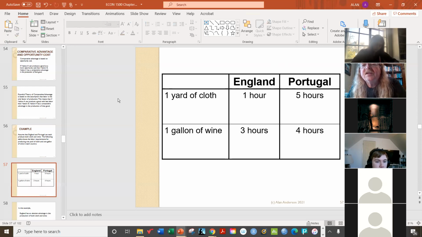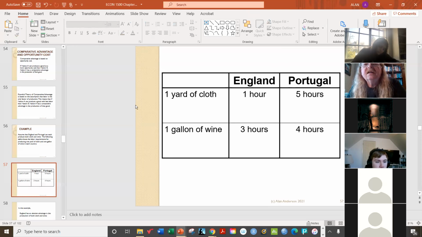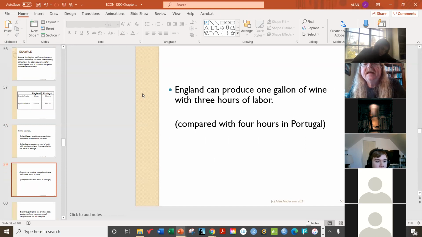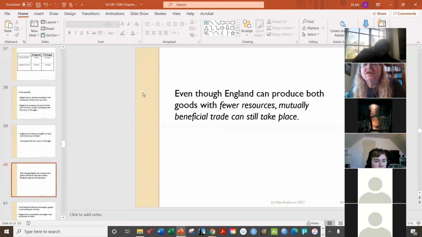And that's why they should specialize in those products. All right. So England's absolute advantage is in both, but they only have a comparative advantage in the cloth.